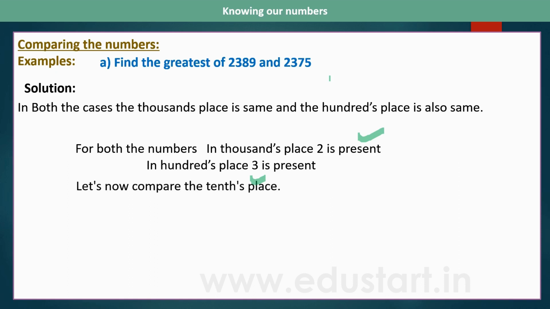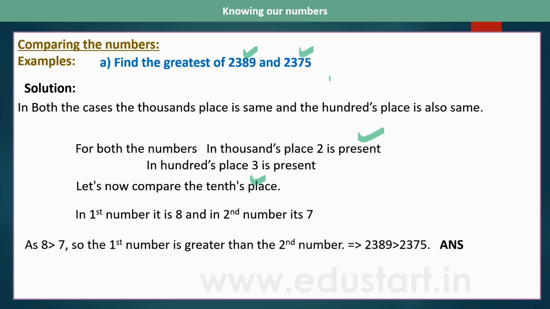So let's now compare the tens place. In the first number the tens place is 8, and in the second number the tens place is 7. As 8 is greater than 7, the first number is greater. Hence 2389 is greater than 2375. Understood?